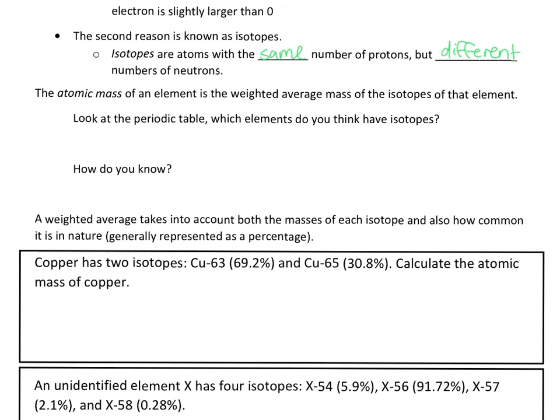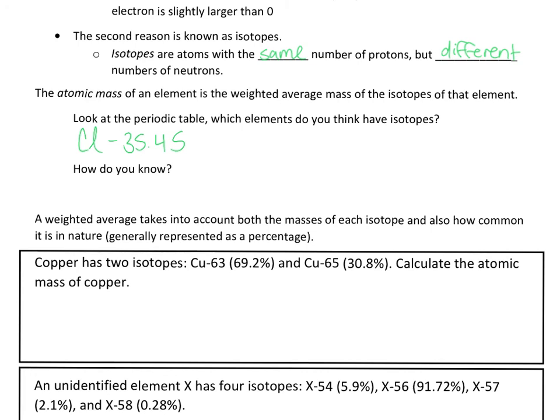So when you look at the periodic table, you can kind of tell which elements have isotopes and which ones don't. So look at your periodic table and see which of these have really weird off the wall decimals, right? Like if you look at chlorine, and I don't have a periodic table in front of me, I'm going by memory here. It has 35.45, right?